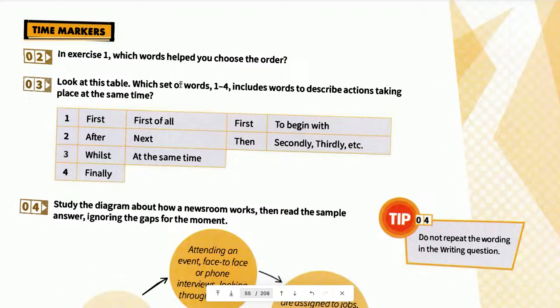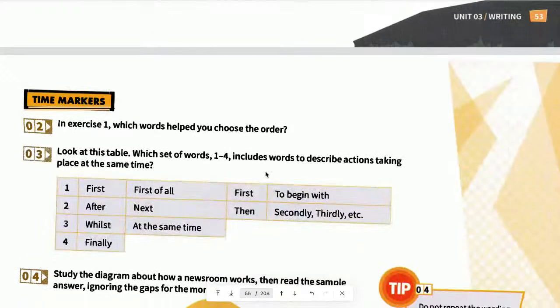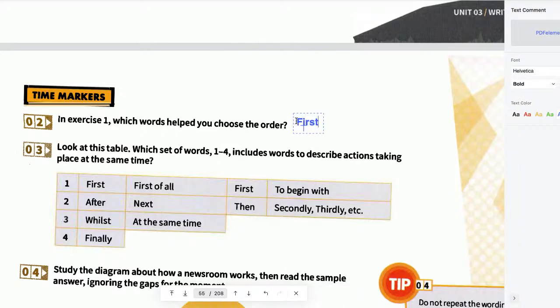Exercise 2. Time markers. In exercise 1, which words help you choose the order? You see first, secondly, thirdly, something like that. So which words help you choose the order? First, secondly, thirdly, right?